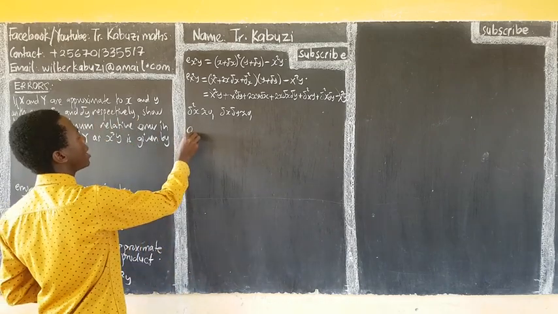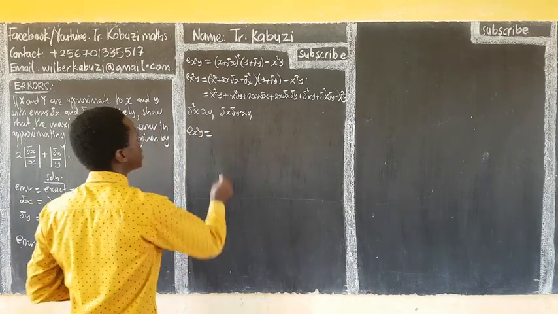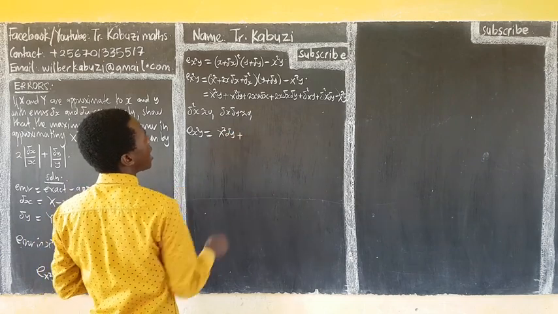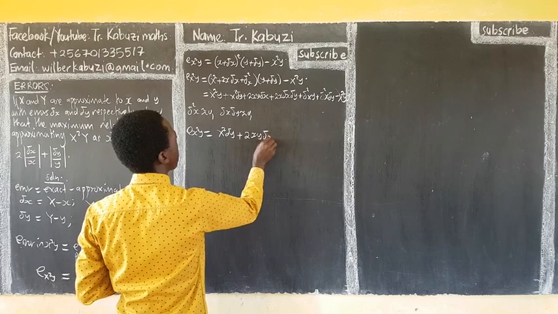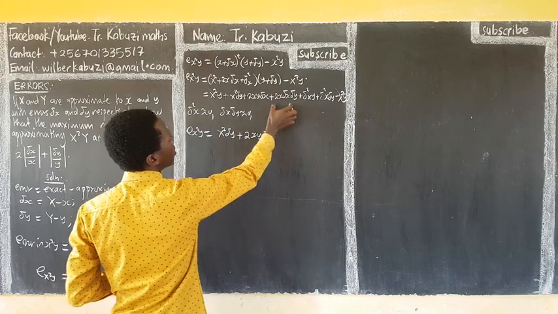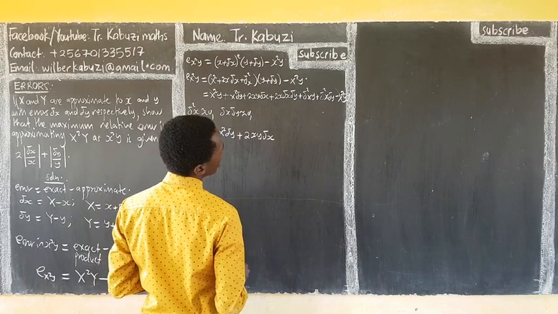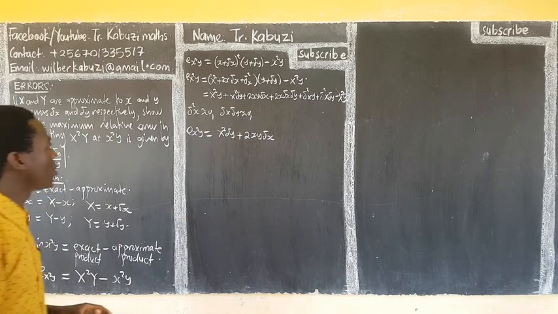So our error in x squared y is going to be x squared delta y, then plus 2xy delta x, then this is going to 0, also this is going to 0, and also this is going to 0.